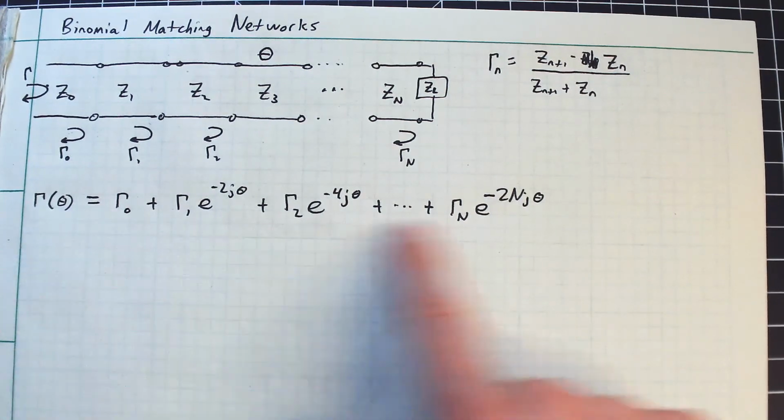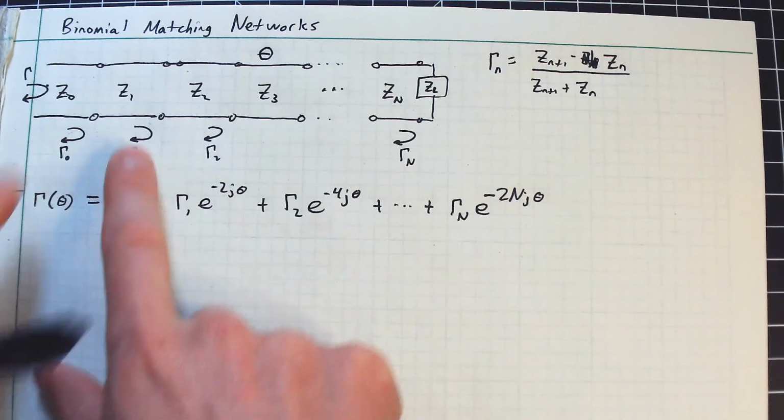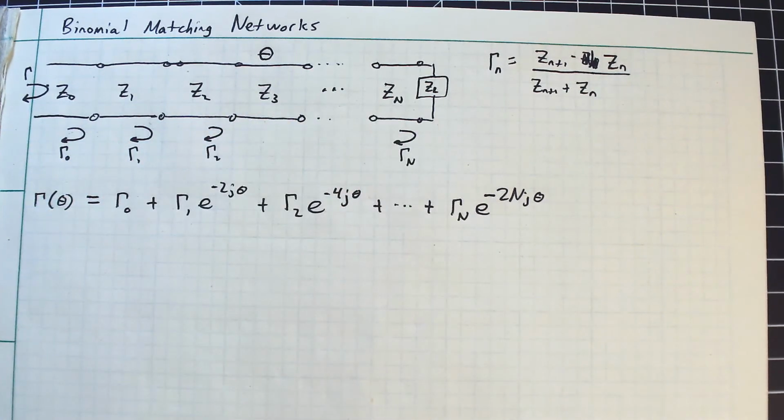So you had something like a Fourier series, and each of these little gammas was determined by the discontinuity between each of these steps.